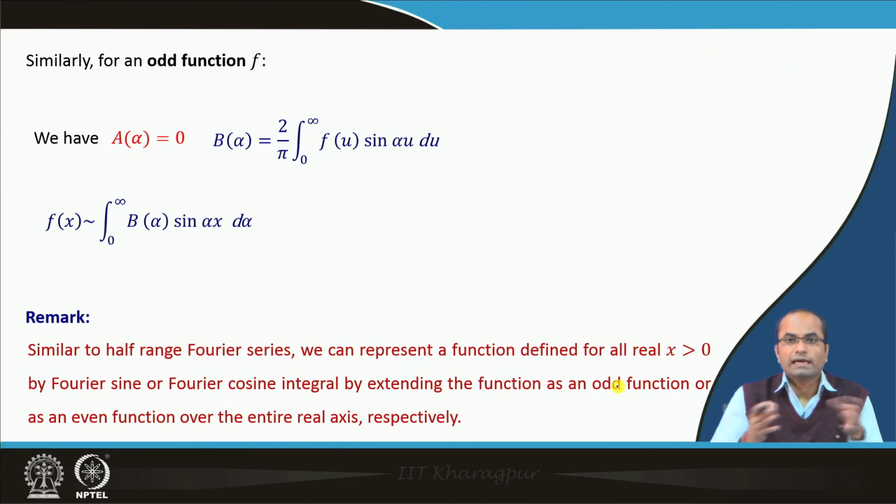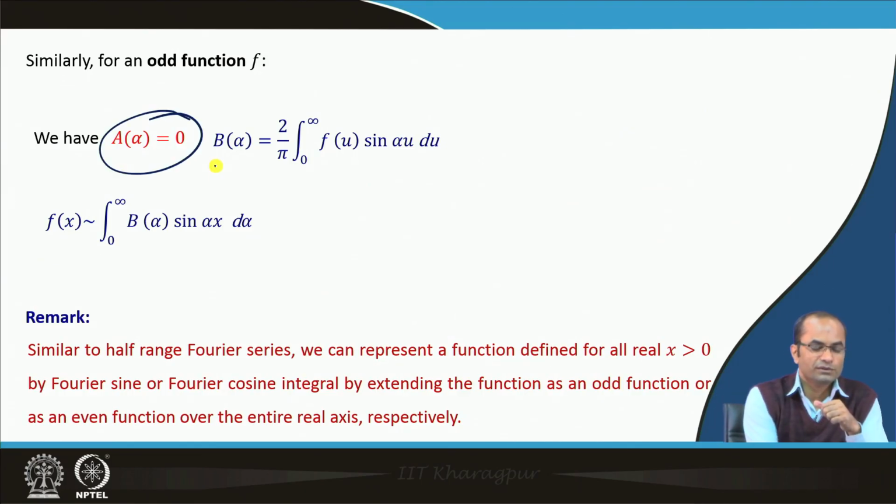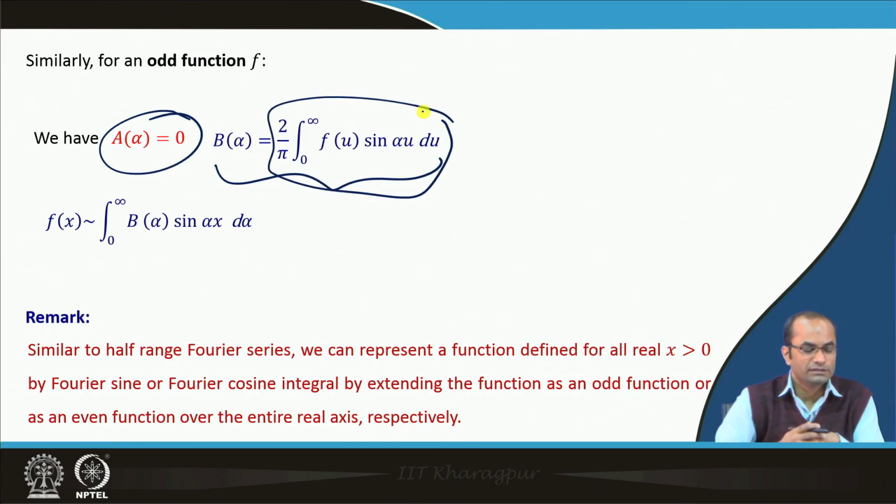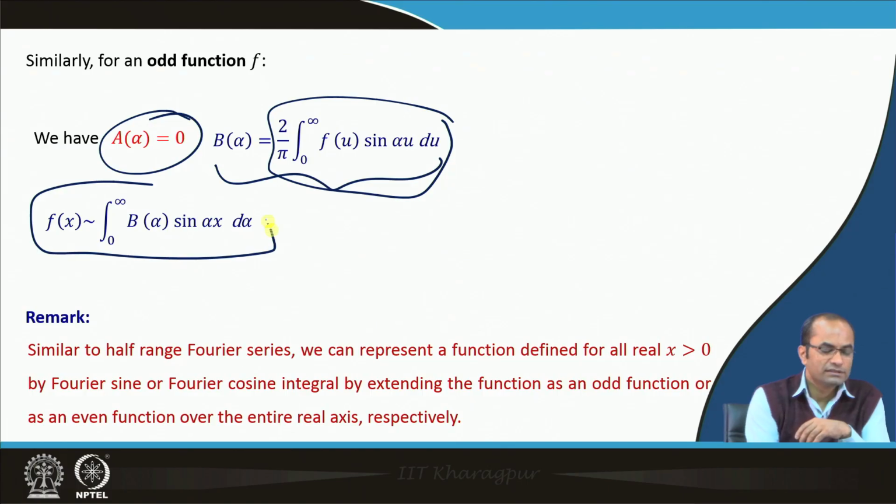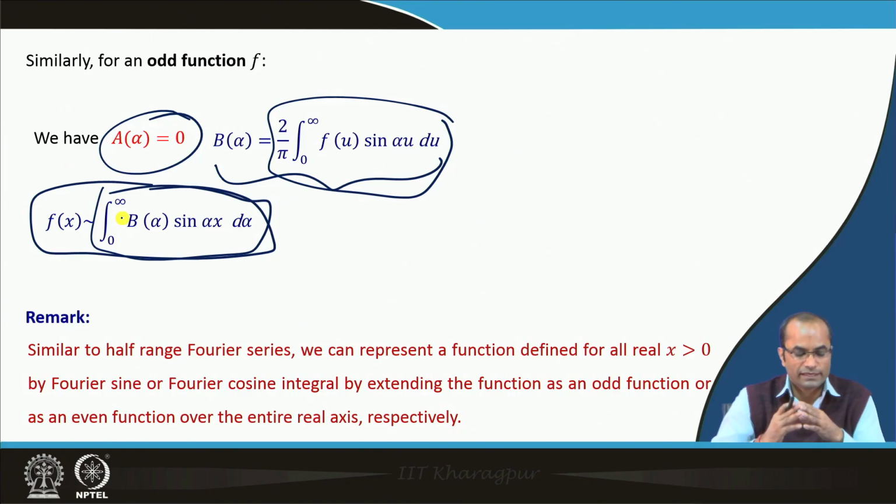Or if we extend the function from minus infinity to 0 so that the function on the whole range becomes an odd function, then a(alpha) will be 0 and b(alpha) can be easily computed with the help of this integral, and the representation will be simpler in terms of only b(alpha) and sin alpha x.